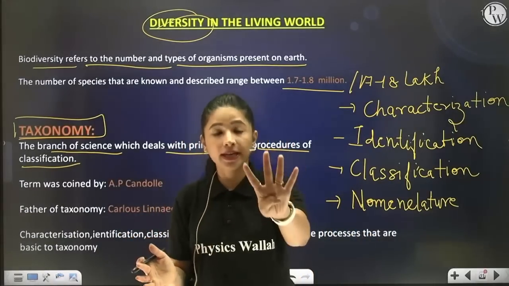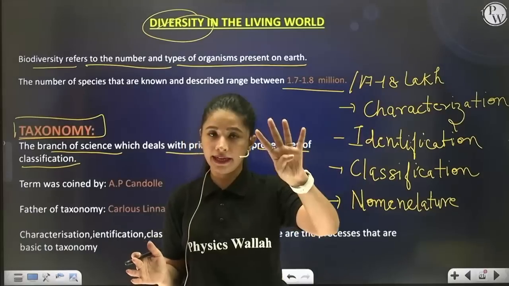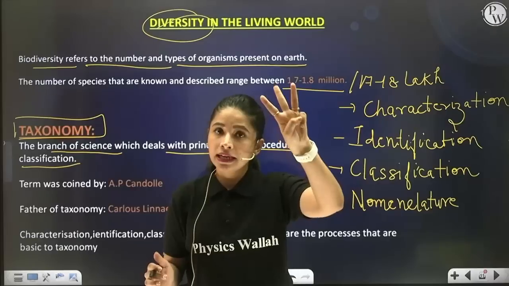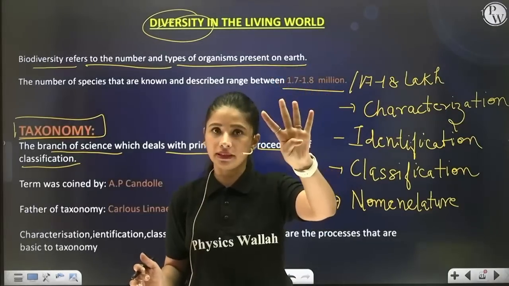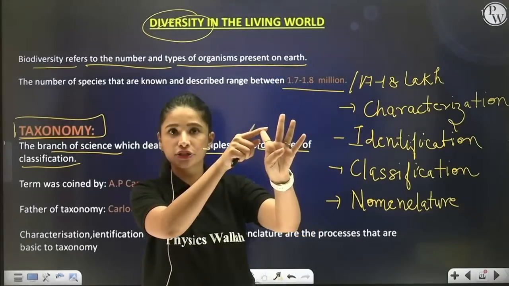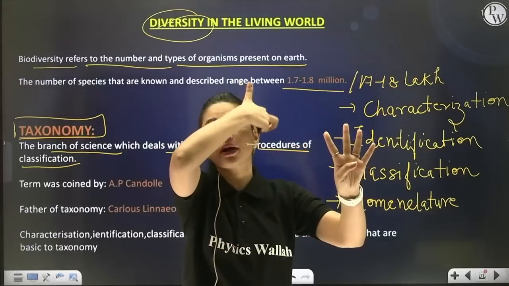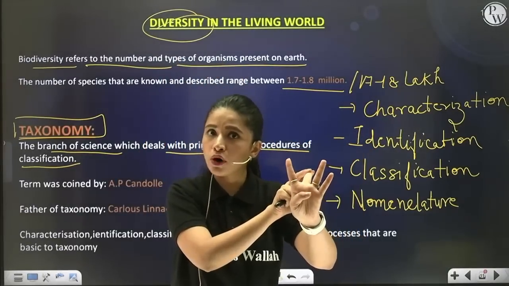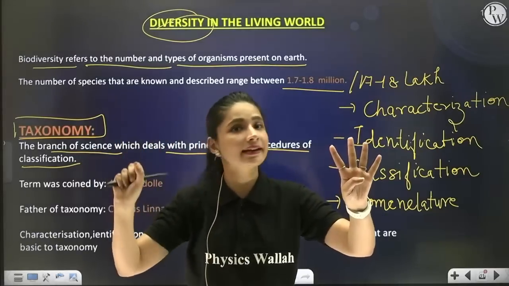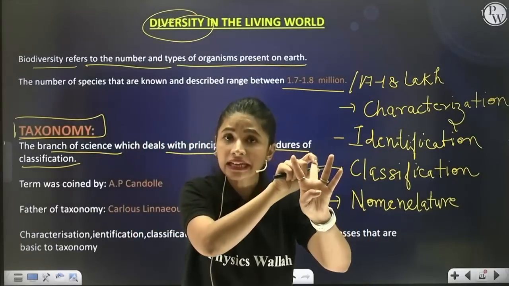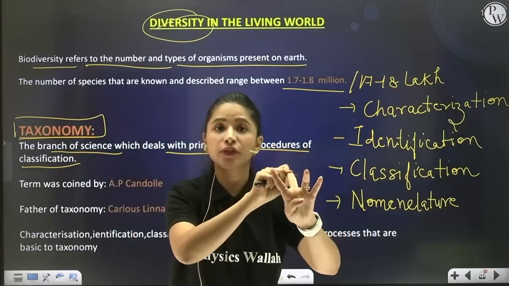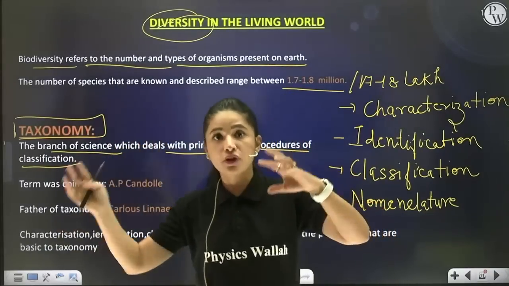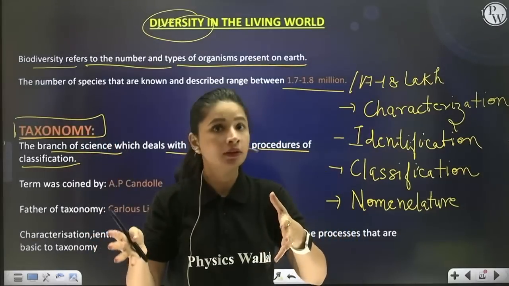There are four prominent steps in taxonomy: characterization, identification, classification, and nomenclature. In characterization, you try to observe the unknown organism, right? Second, once you have studied their characters, the second step becomes identification. You're trying to recall, to identify on the basis of the features which you have studied, correct?